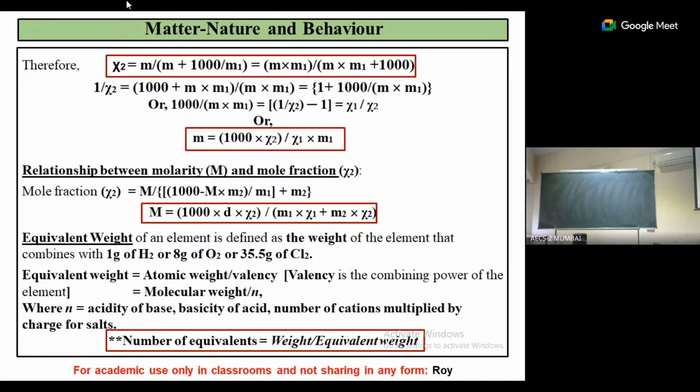Clear? So equivalent weight of an element is defined as the weight of the element that combines with 1 gram of hydrogen, 8 grams of oxygen, and 35.5 grams of chlorine. So equivalent weight is basically atomic weight divided by valency. What is valency?